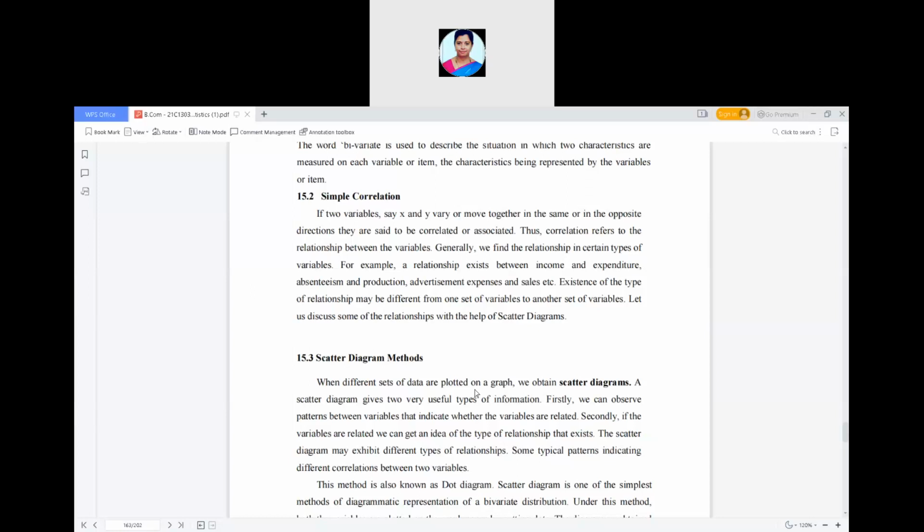This is a method of studying correlation. Correlation can be studied by three methods. The first one is the scatter diagram method, the second one is Karl Pearson's correlation method, and the third one is Spearman's rank correlation method. Very first we are going to see the scatter diagram method.